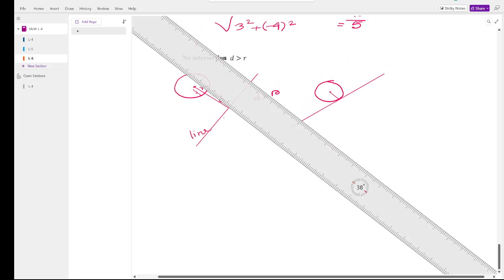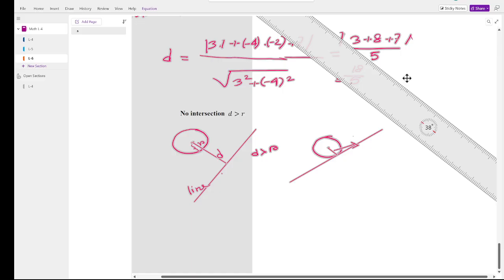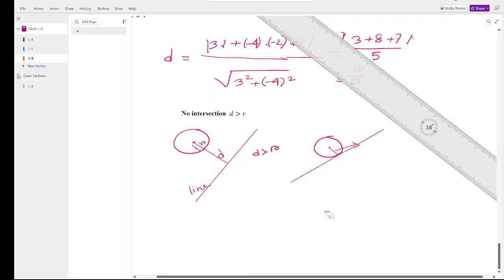This one is d and this one also is r. Look, the distance from the center to this line is d and the center to the boundary is the same.